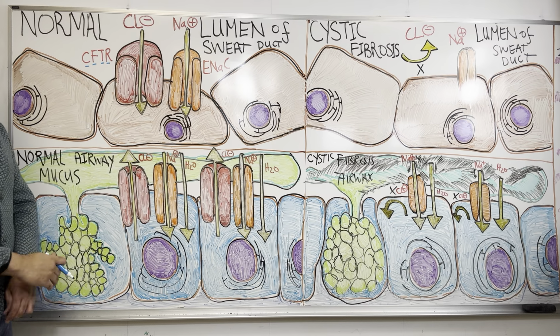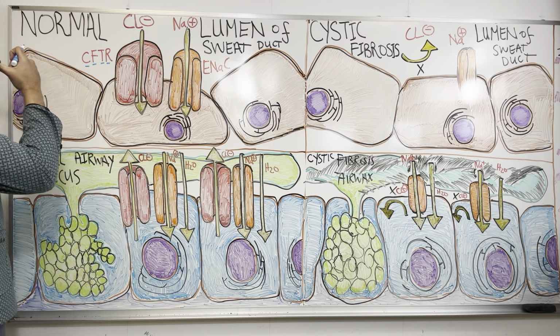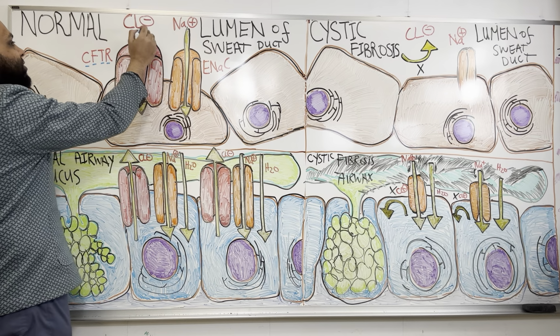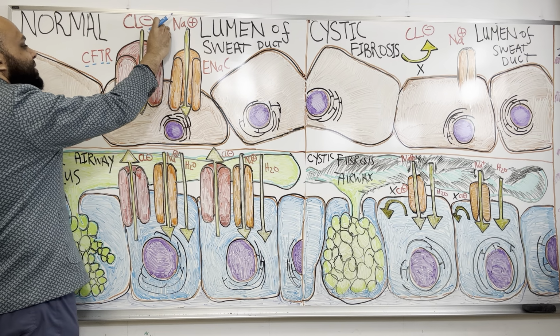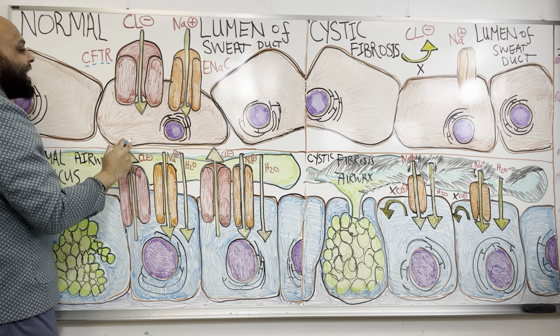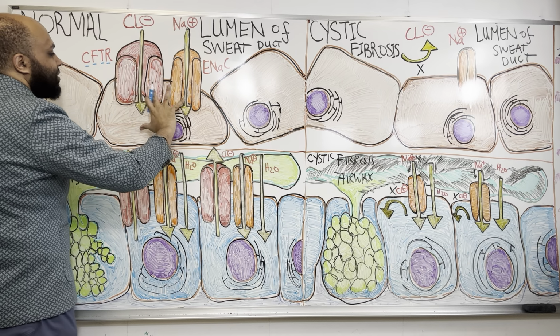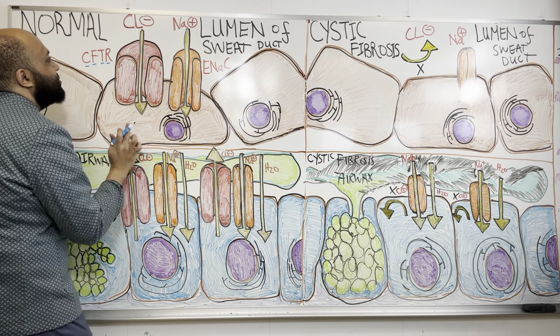So what does this channel do? This is very important. Does the channel bring the chloride from the lumen to the inside of the cell, or does the channel throw out the chloride from the inside of the cell to the outside?